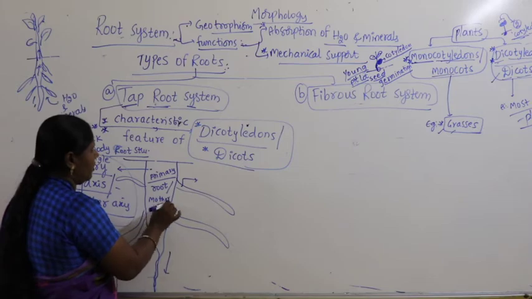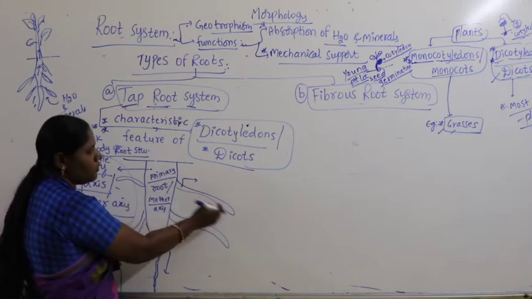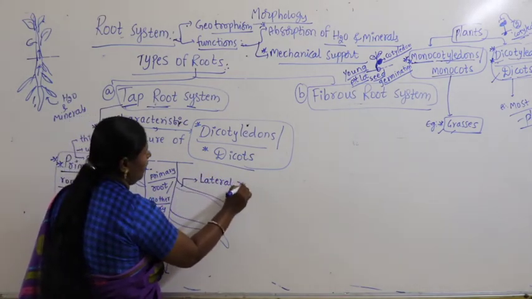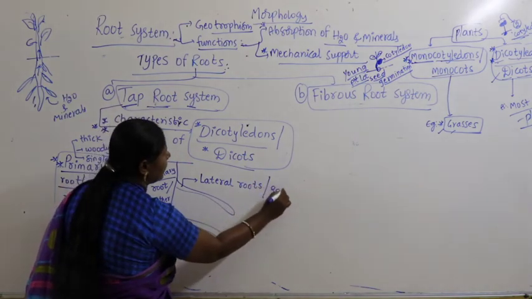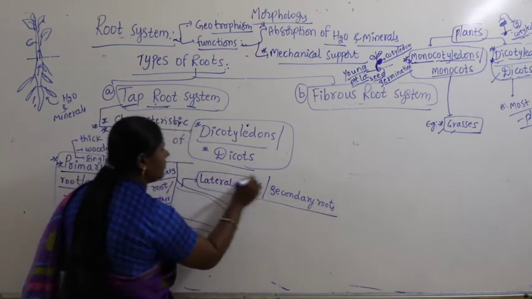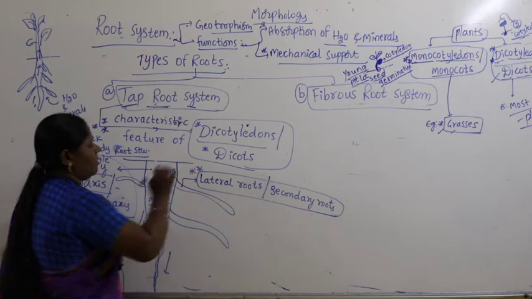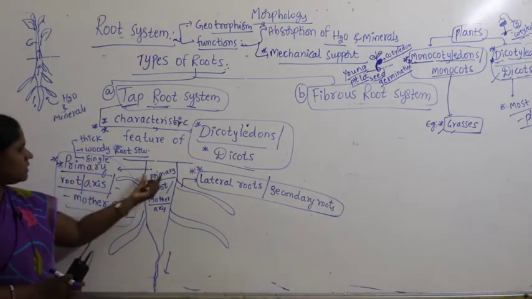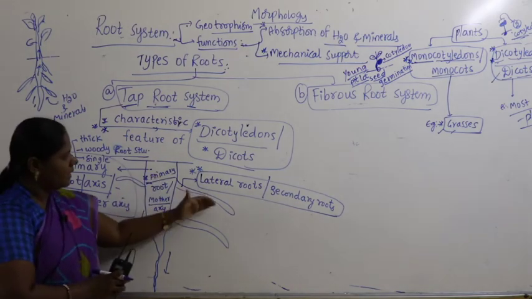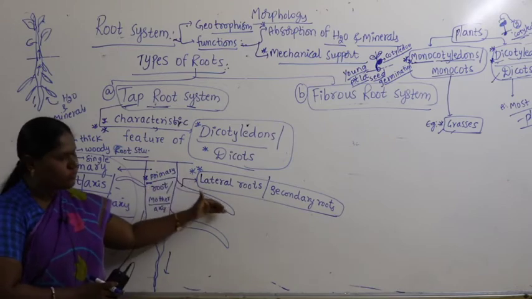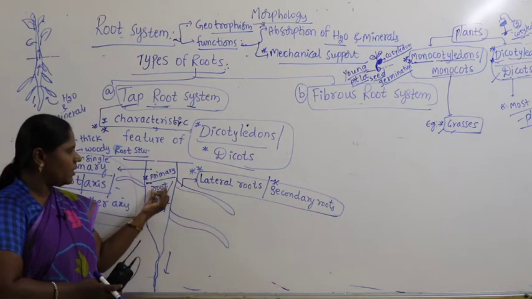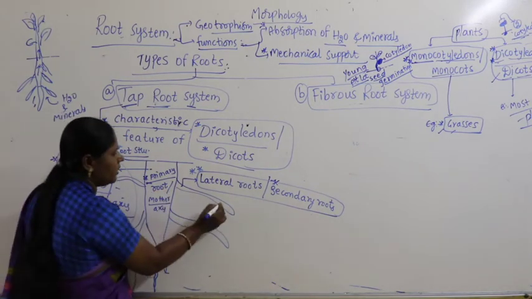Now the small roots that came out of it are called lateral roots, or also called secondary roots. From the primary root, laterally, that is by the side, there is formation of smaller roots. These are secondary roots.